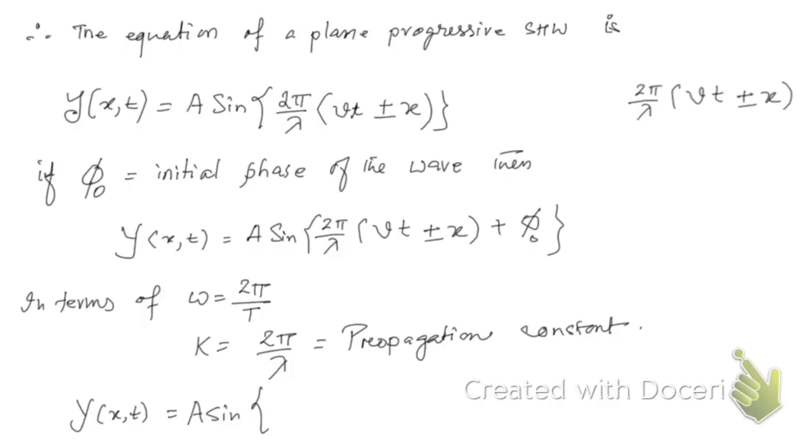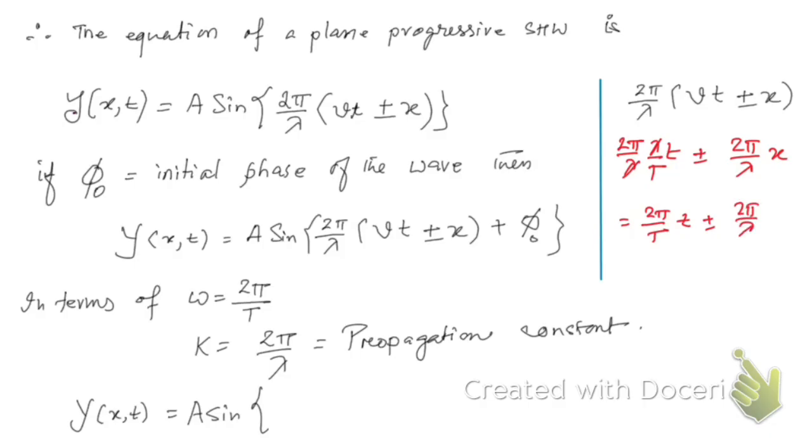If we multiply 2 pi by lambda v into t plus minus 2 pi by lambda x, here v is replaced by lambda by T, and it gives us 2 pi by T into small t plus minus 2 pi by lambda into x.